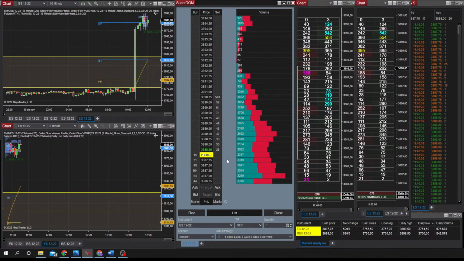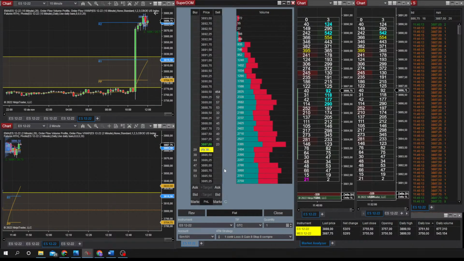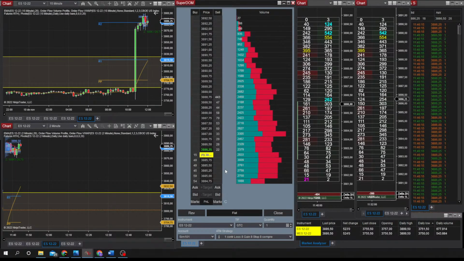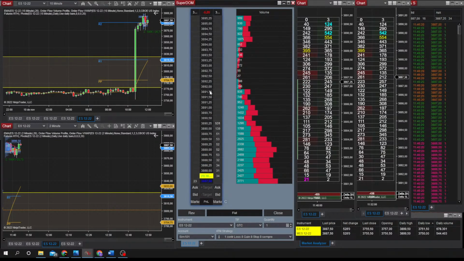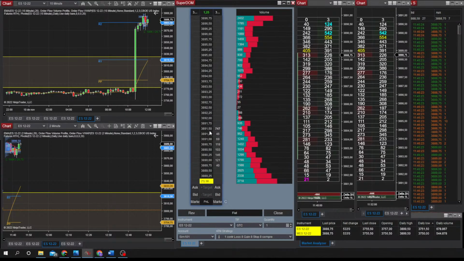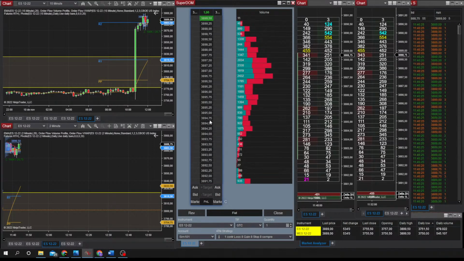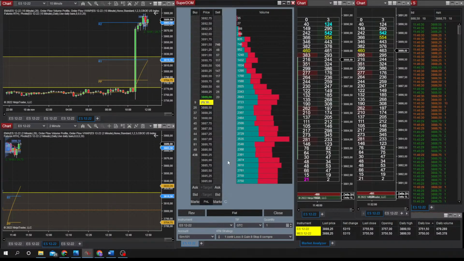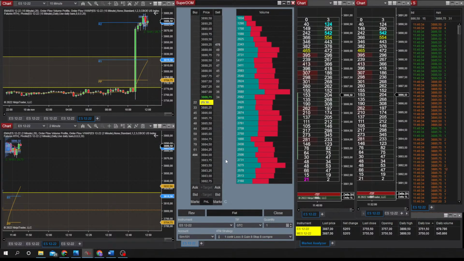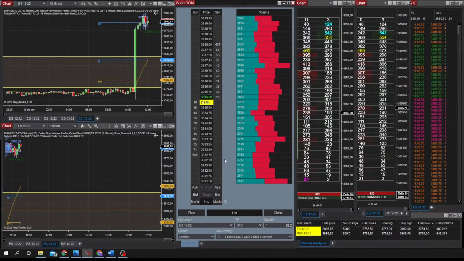So I have already stated this in the pre-market study. We mentioned the relevance of this 3890 region, from 3890 to 3900. It has been important before, and today it tends to be important again.